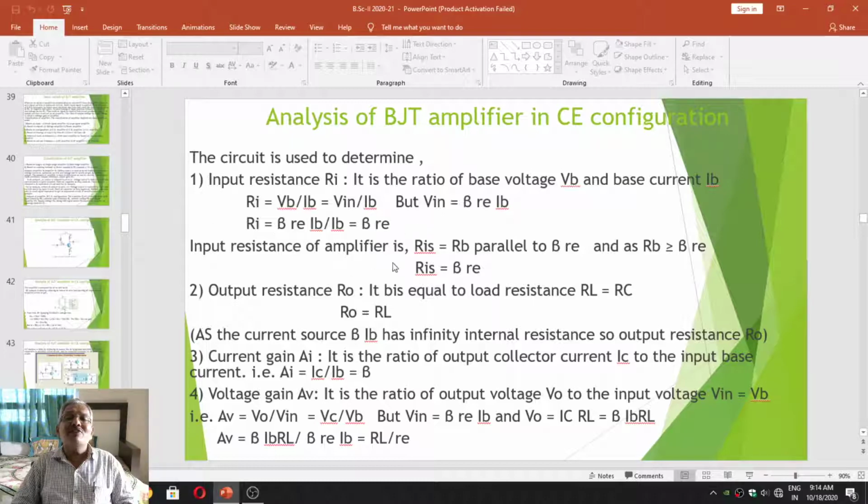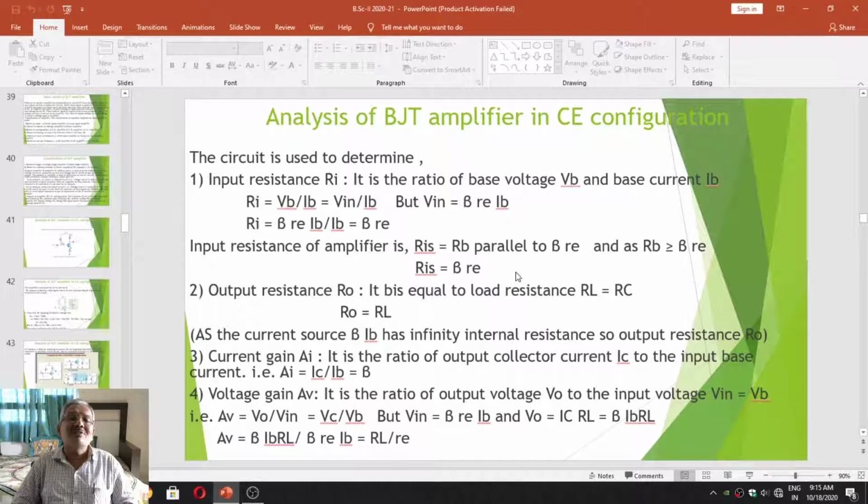But the input resistance of the amplifier, RIS, is RB in parallel to beta into RE. RB, which we have connected for the biasing purpose, in parallel to beta RE, means RB parallel to Ri forms the RIS. As here RB is greater than beta into RE, we can write RIS is equal to beta into RE.